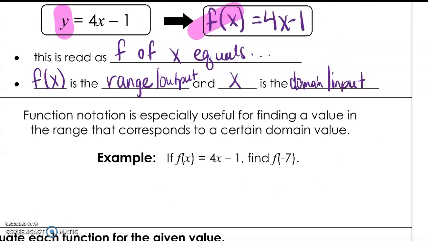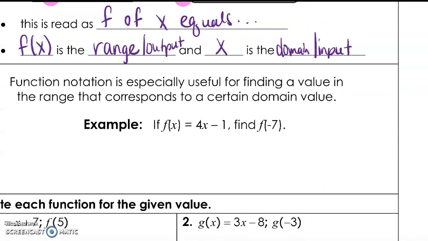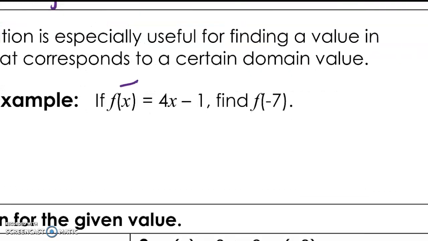So instead of this saying y equals f of x, find y when x equals -7, this is just a different way to write it. So as you can see, you are going to look at f of x, and you are going to look at f of -7 in this case. So what you notice is that they changed an x to a -7.